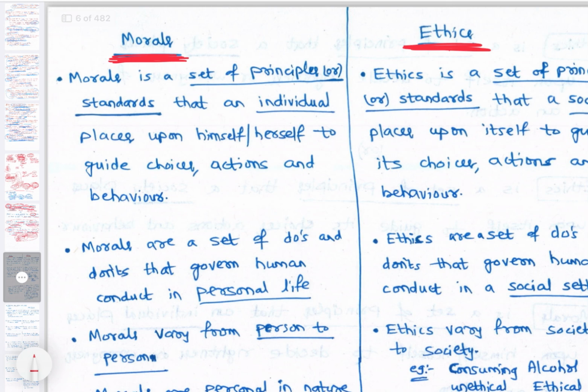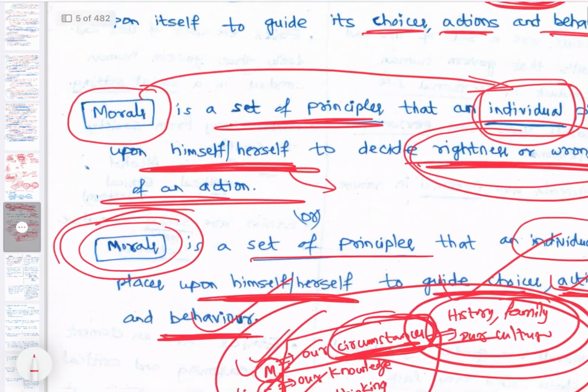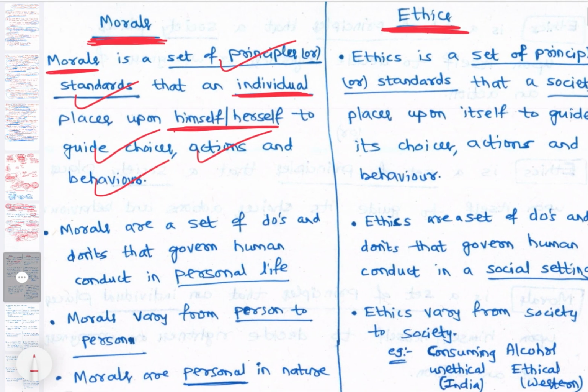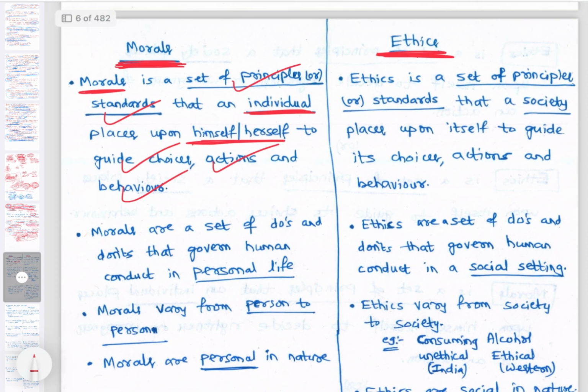Morals is a set of principles or standards that an individual places upon himself or herself to guide their choices, actions, and behaviors. We have already seen, we are discussing the definition of morals.